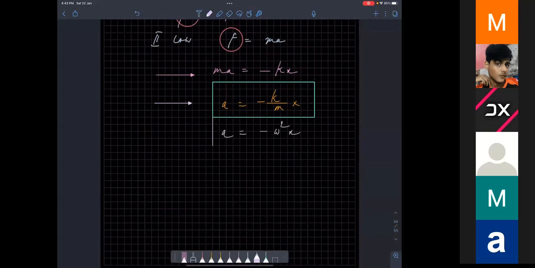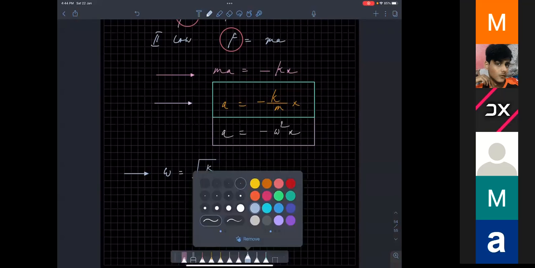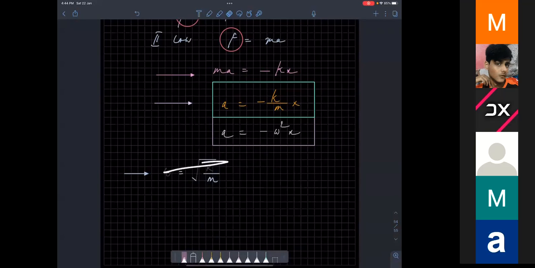Using this, you will conclude that omega is equal to root k by m. After getting that, you can find the time period.